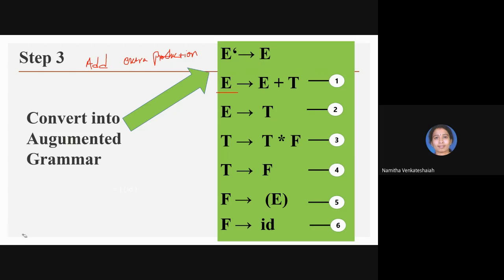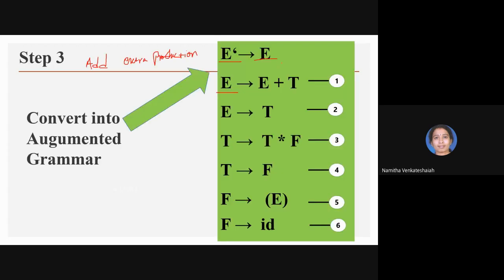This is step 3, very important. So it is always LHS dash. Both LHS and RHS should have the same non-terminal, with dash. Okay, it can have different items; E dash is different, E is different, but the convention is like this. So whatever the first non-terminal is, you take that and rewrite it.